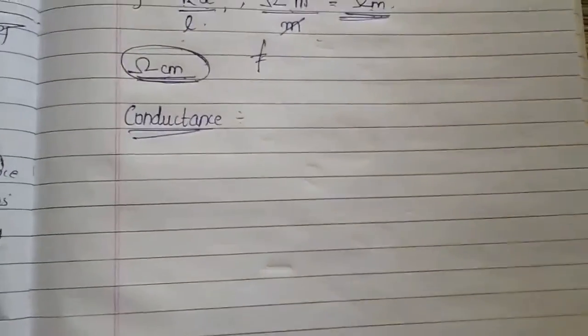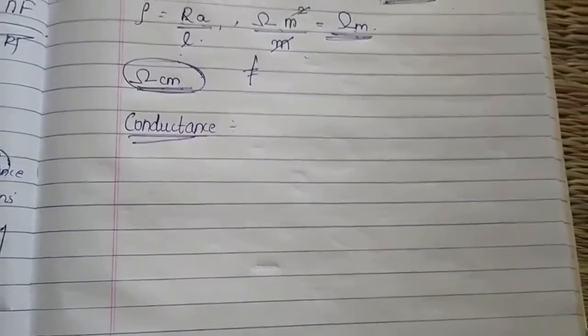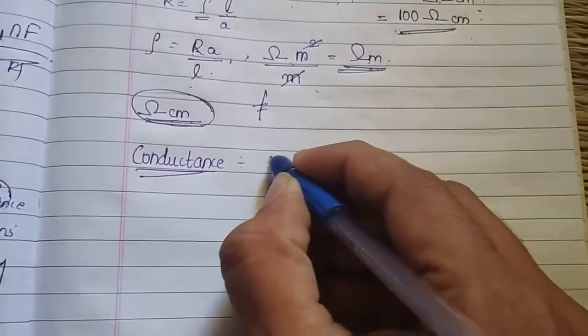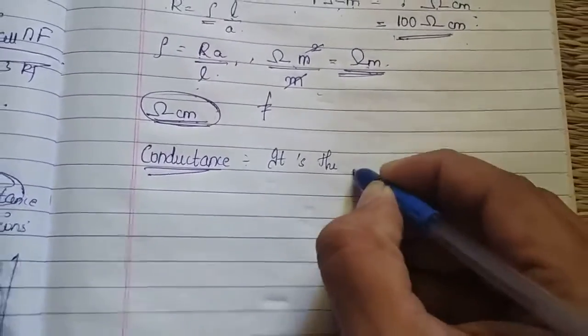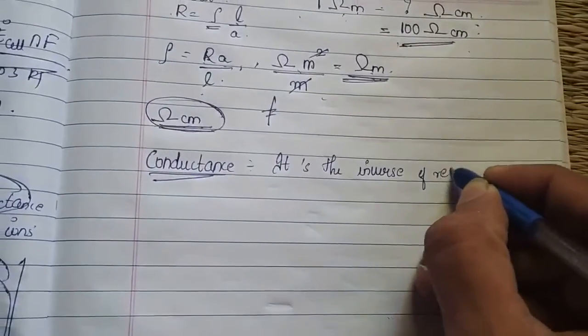So as I have said, conductance is the inverse of the resistance. Of course, you know how we write the inverse. So in simple words, conductance is the inverse of resistance.